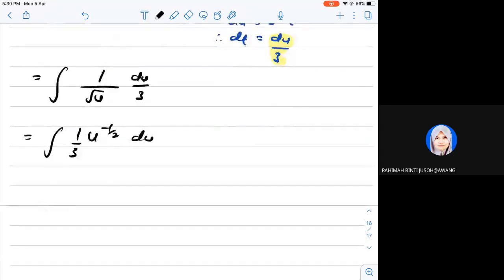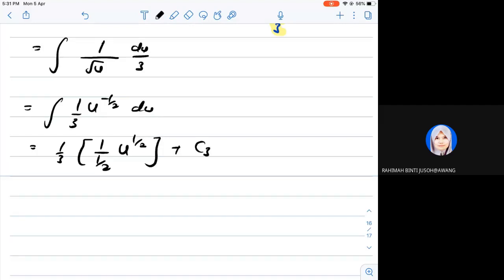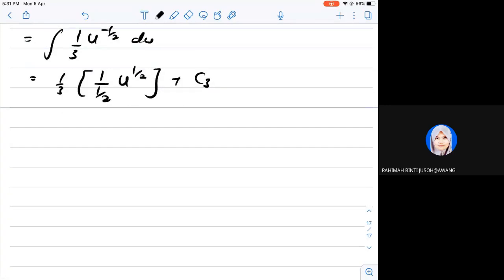Alright, now when you integrate, what is this? 1/3 integrate negative 1/2 plus 1, so it becomes 1/2. So u to the power of negative 1/2 plus 1 is 1/2, plus C3. Don't forget the C3. 1/3 bring up, so it becomes 1/2 plus C3.